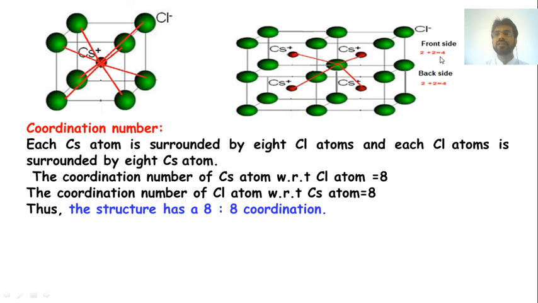These are the 4 body centered atoms from the front side of the unit cell and the 4 body centered atoms from the back side of the unit cell. Thus, the coordination number of the Cl atom with respect to the Cs atom is 8. Thus, we can say that the structure has 8:8 coordination.